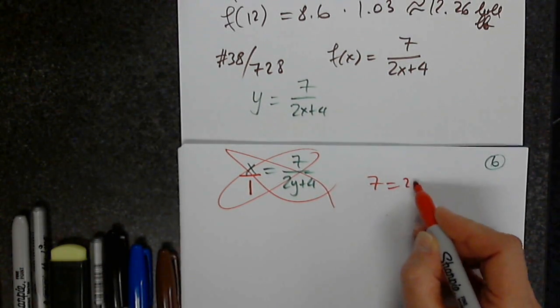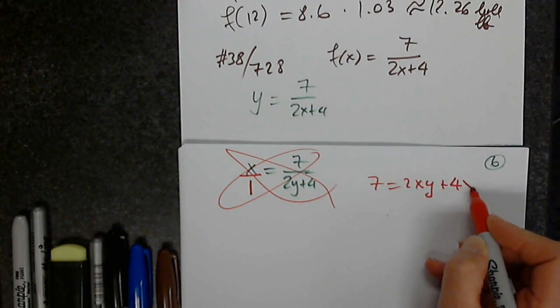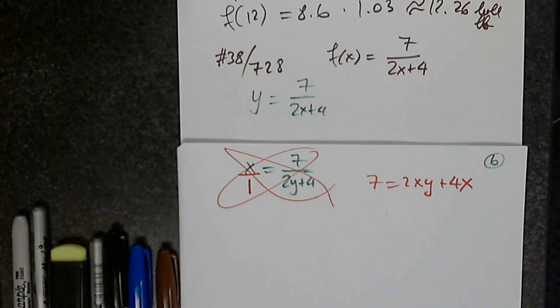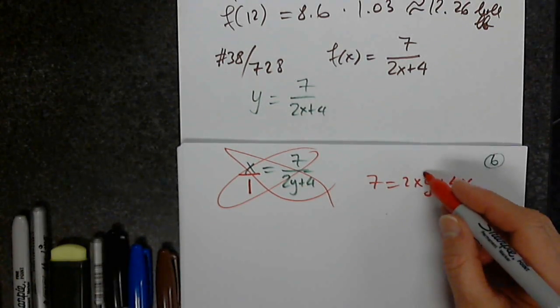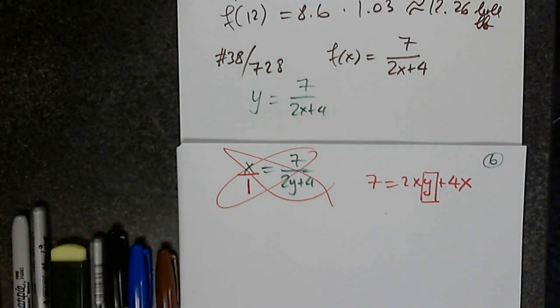So 7 equals 2xy plus 4x. And I'm solving for y. Please remember proportions. That's why we studied them. So now this is linear.